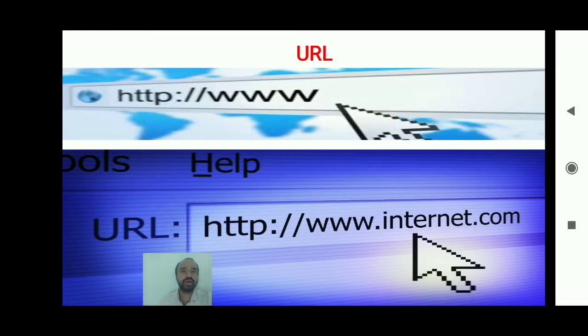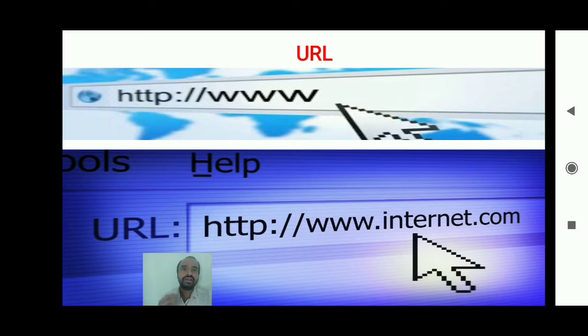Next comes one basic point, which is a URL. URL means Uniform Resource Locator. Once you have a network and internet, then you need to have a URL. Suppose you have a tutorial site and you have some data regarding subjects. Those files you need to save on a server, and for that server you need an address, which is called a URL.